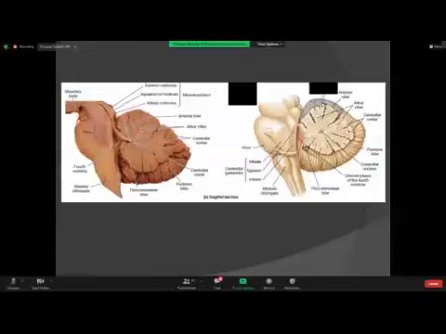So in other words, if you take the brain and the spinal cord, every other part, all the neurons and their glial cells together, they will be less than this compact region of the body, our cerebellum.